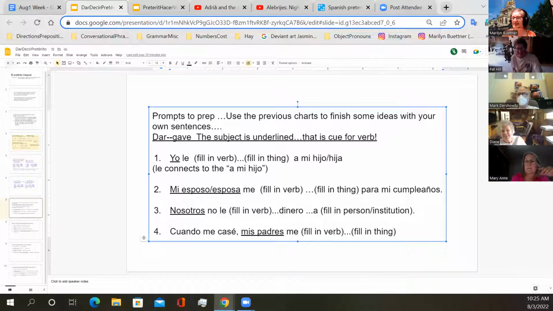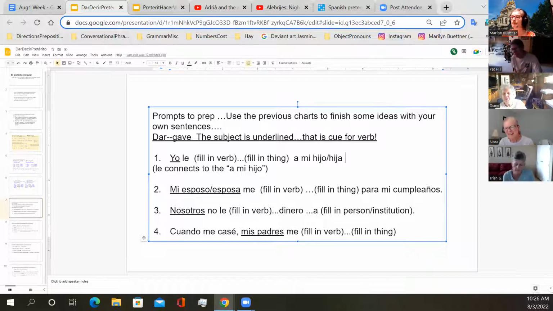Excelente. ¿Alguien más? What was the thing there? Muchos regalos. Lots of gifts. Mi esposo me dio una docena de rosas para mi cumpleaños. Una docena de rosas. Oh, qué elegante, qué elegante. Me gusta mucho. Bueno, algo más. Mi esposo me dio un masaje para mi cumpleaños.